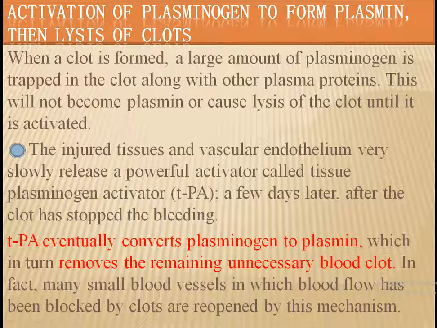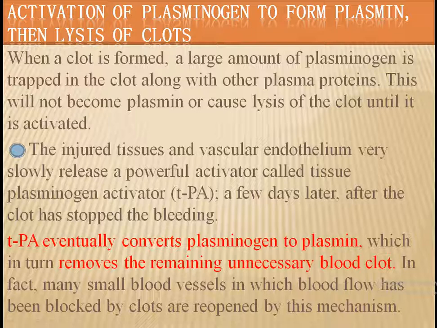The injured tissues and vascular endothelium very slowly release a powerful activator. That is a very important thing: tissue plasminogen activator. A few days later, after the clot has stopped the bleeding, it eventually converts the plasminogen to plasmin.